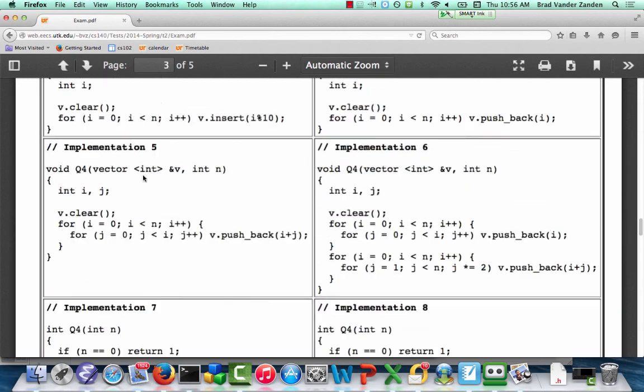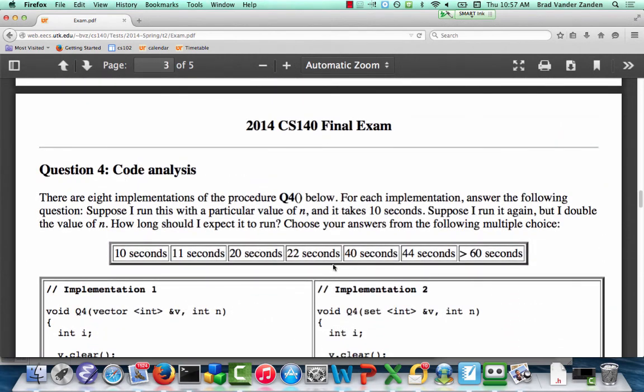Or if I give you something like he did, 10 seconds, 11 seconds, 20 seconds, and I say this one program takes 10 seconds, what would I expect if I doubled the size of n? You should be able to tell me how long the program should run. If I know that on a program of size n, the algorithm is order n squared, and I double n, it becomes 4n squared.